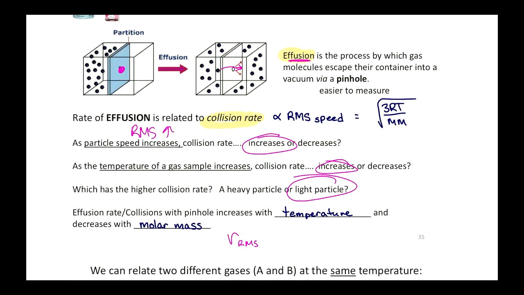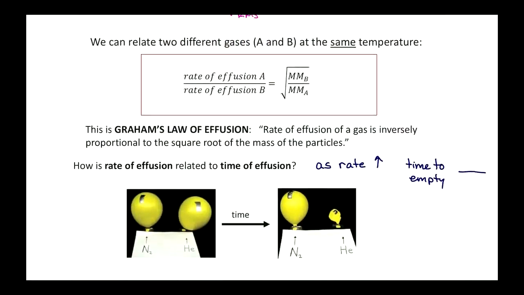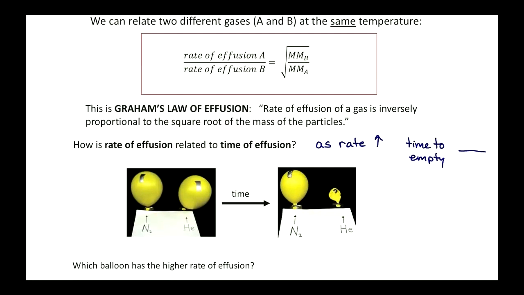All right, so effusion rate is useful for us to compare effusion of two different gases. We can use Graham's law to look at this. If you are assigned the makeup lab KMT, this is what KMT is about, Graham's law of effusing different gases.